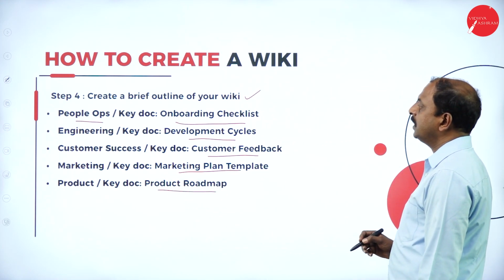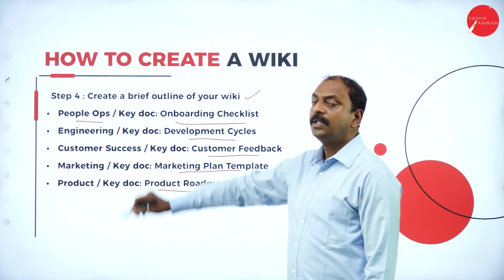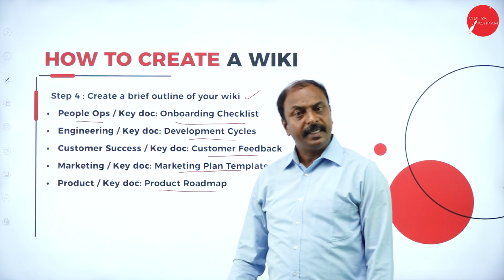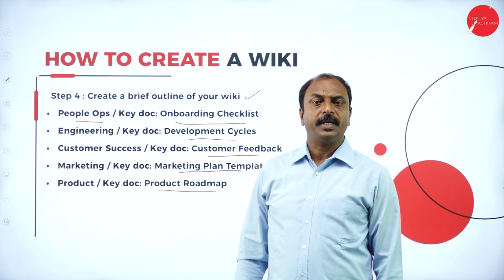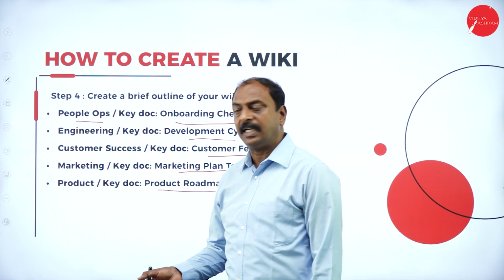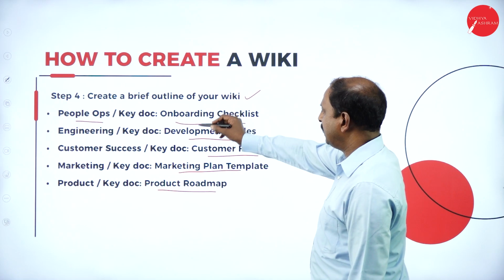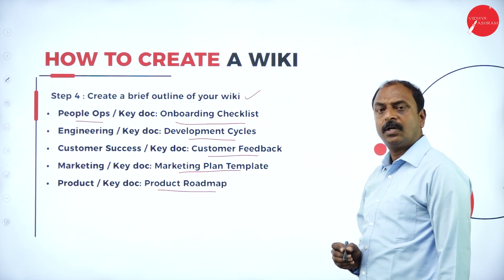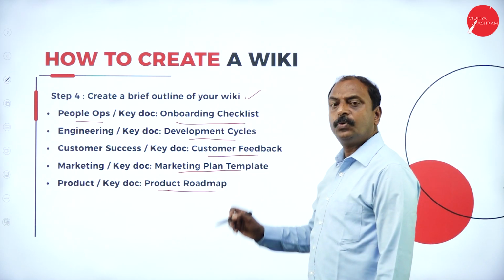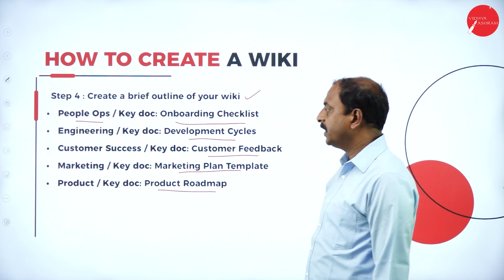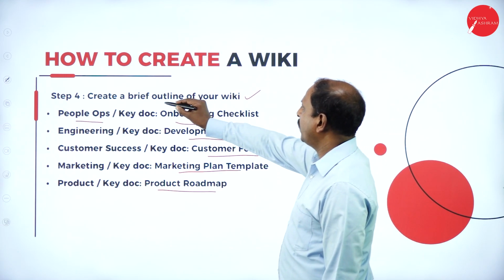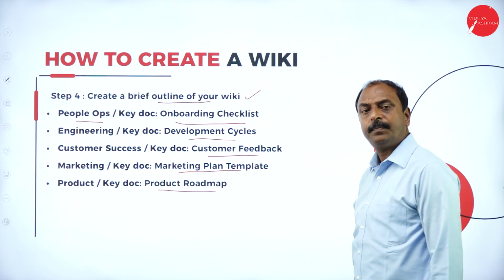See, these are all the outline, or the documents to be inside our wiki. By thinking of those concepts, we need to have an outline. These are examples of a few topics to be included in your wiki site.